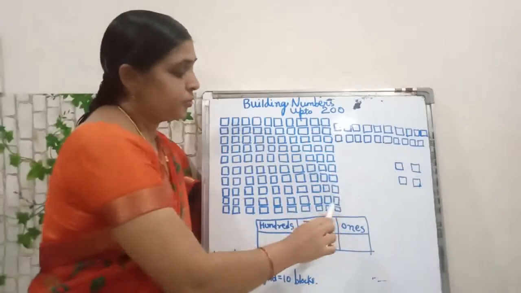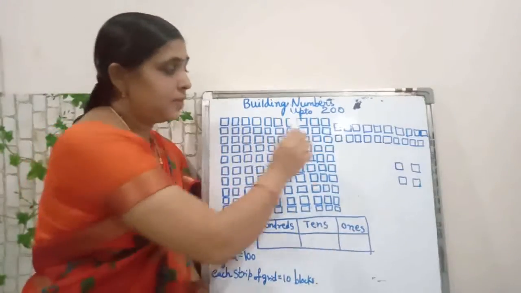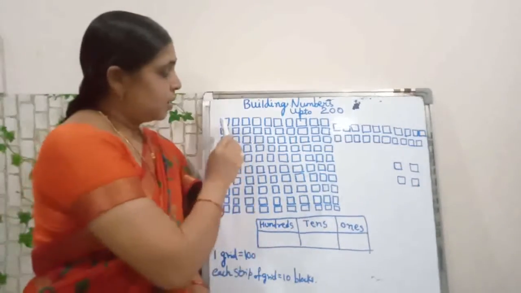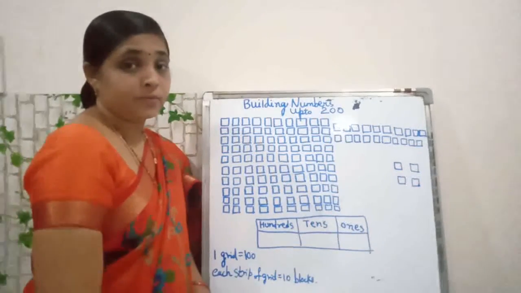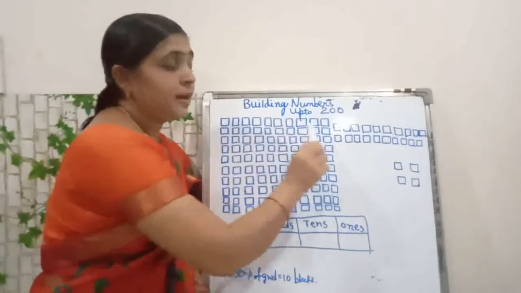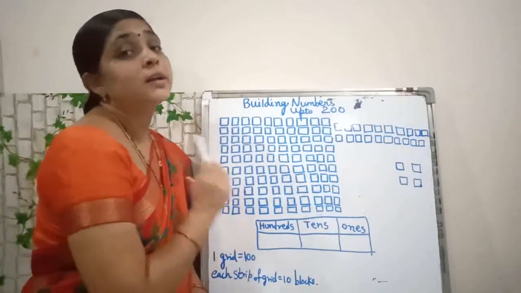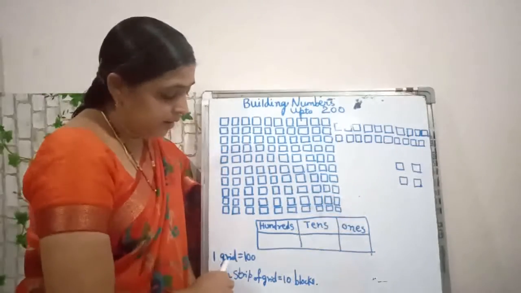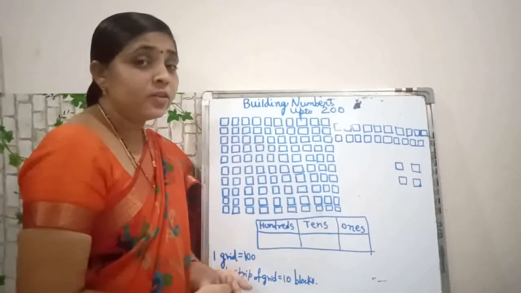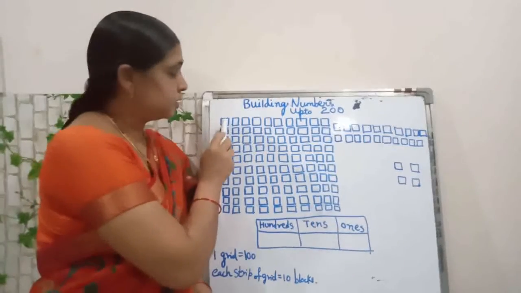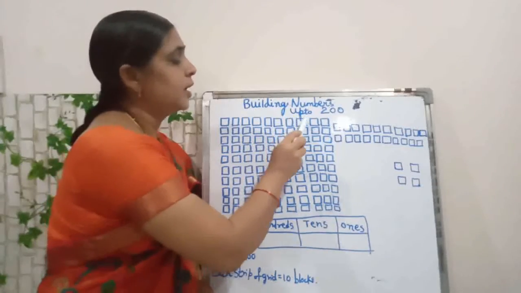This is called one grid. In this grid, one strip contains 10 blocks. It means totally 100 blocks are there in one grid. One grid equals 100 blocks. What are these blocks, children? Count here. 1, 2, 3, 4, 5, 6, 7, 8, 9, 10.